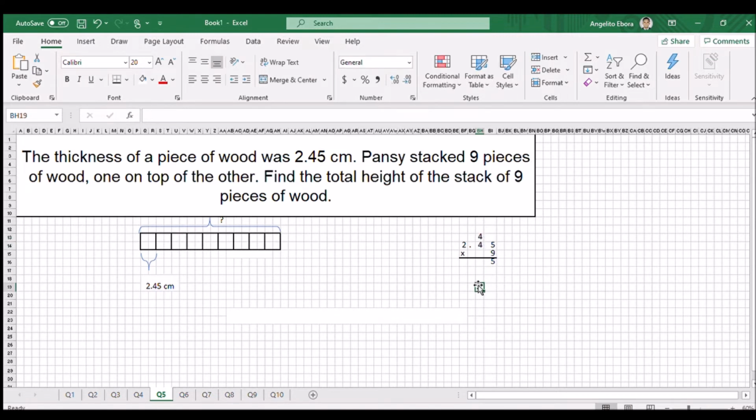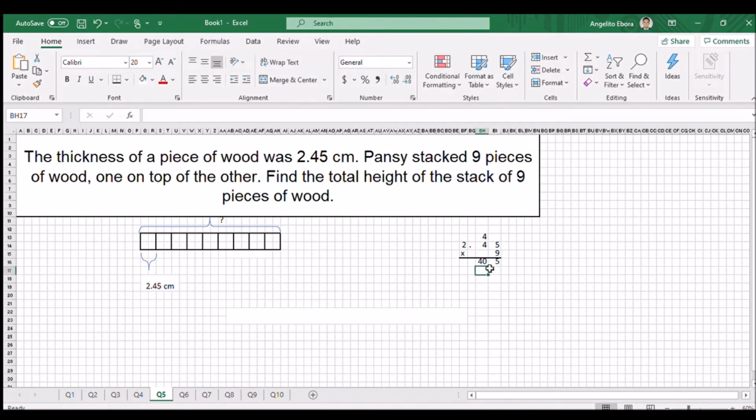So 9 times 4 is 36, plus 4 is 40. Again, we can't have two digits in one decimal place, so we have to regroup this 4 and 0. So we put 4 in the ones place and we leave the 0 there. Put 4 on top of 2.